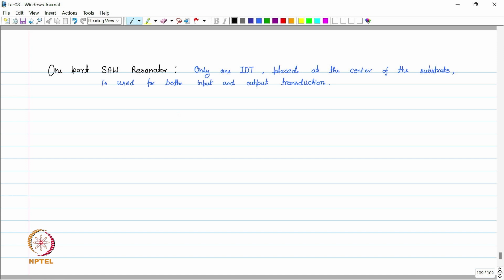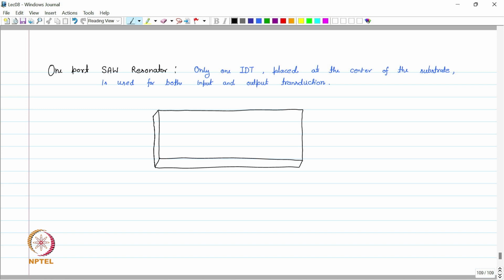So we have a structure something like this. This is piezoelectric material, and in this we fabricate one IDT structure at the center.